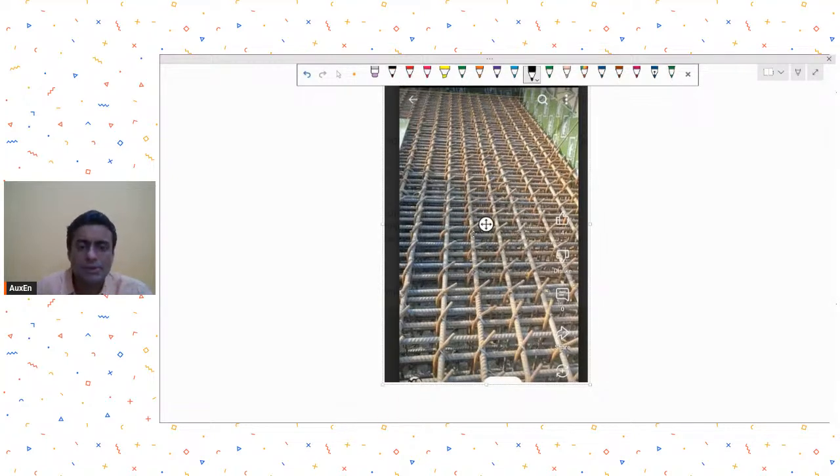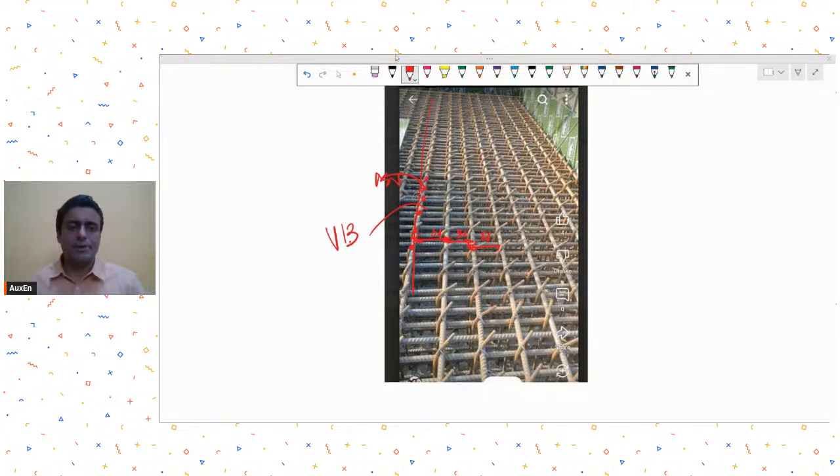Suppose this was being checked for V13 shear. Then these individual bars will become my ASV, and when they are distributed in this direction, they will become my SVs. Got it?